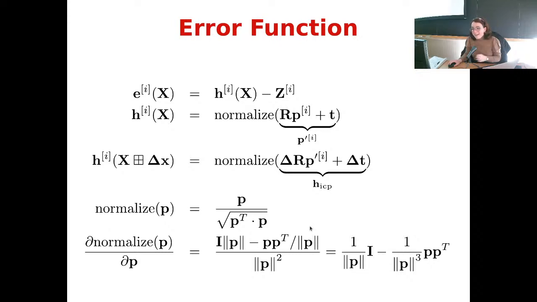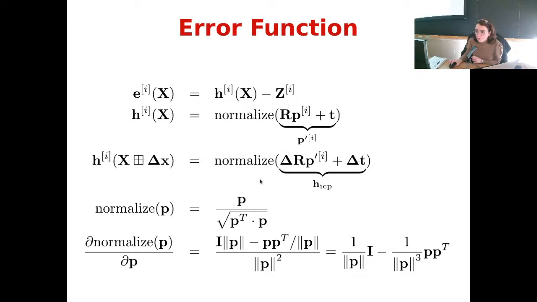Okay. So now, in order to compute the Jacobian of this function, we apply the chain rule. In particular, in this case, we have the normalized function, which is concatenated with the ICP function, the application of a homogeneous transformation to pi.